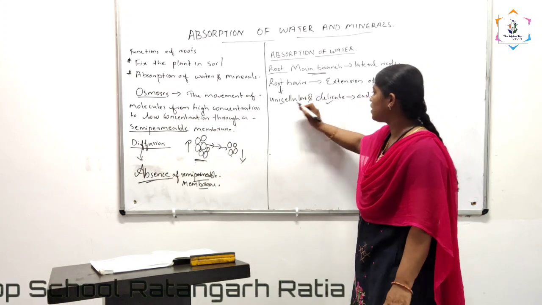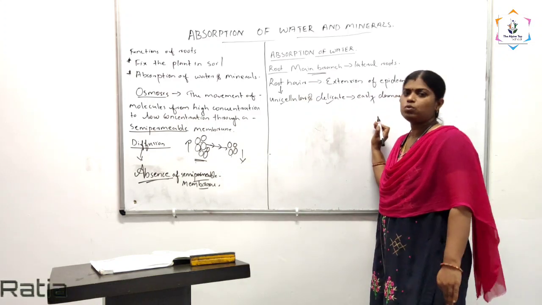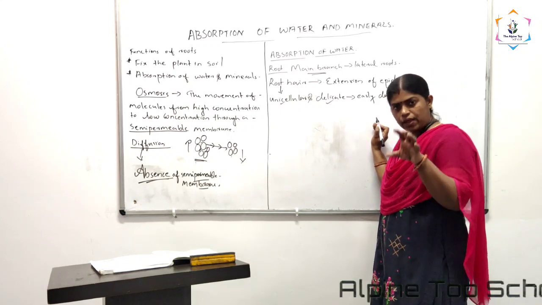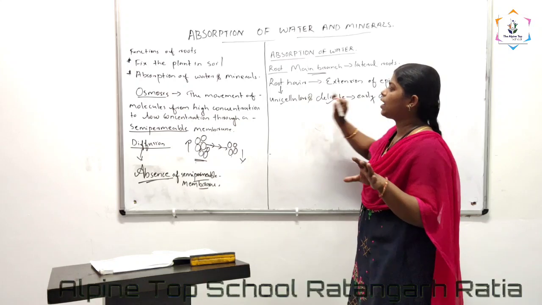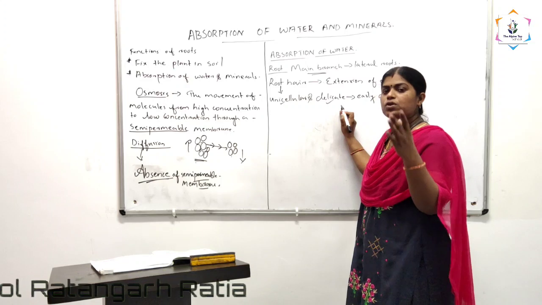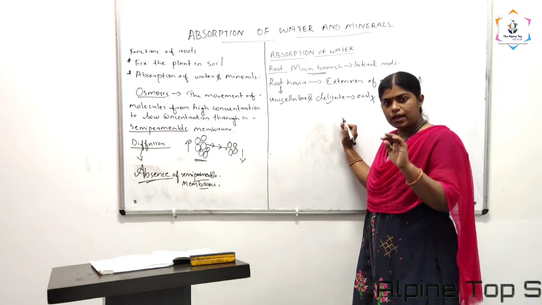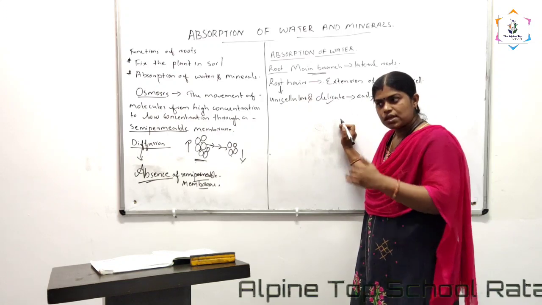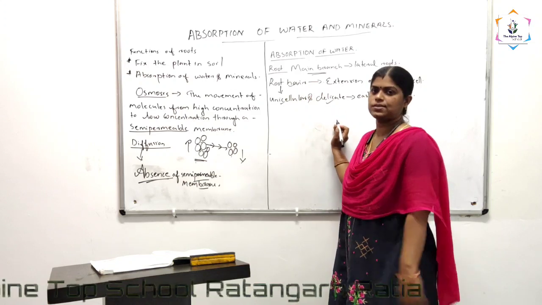Because it is unicellular and delicate, it is very easy for that cell to get damaged. So on a daily basis, roots are making new epidermal cells or new root hairs.